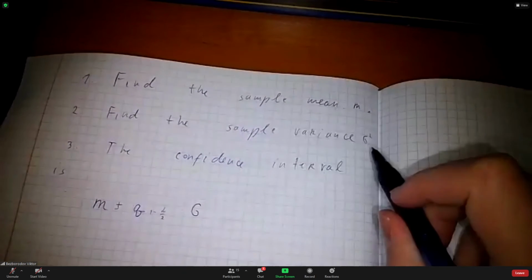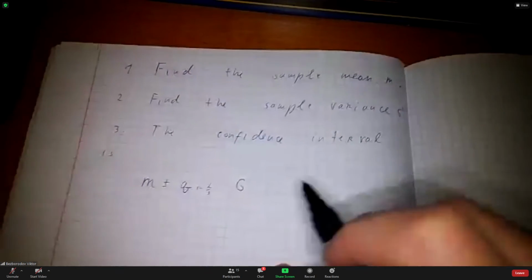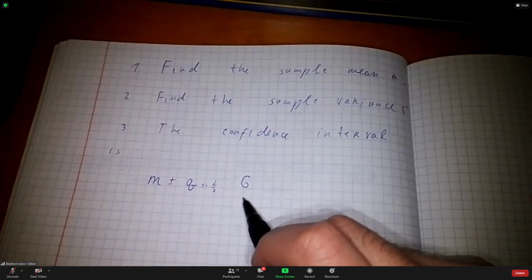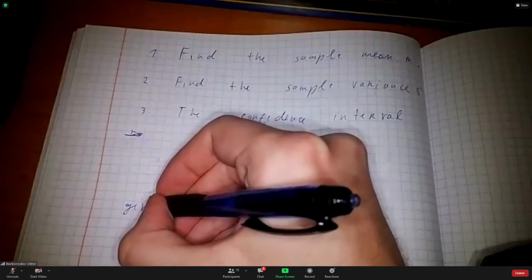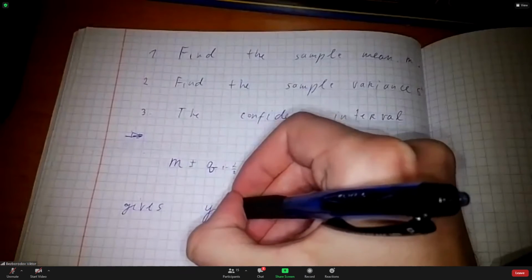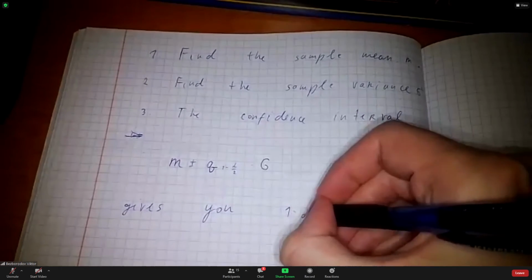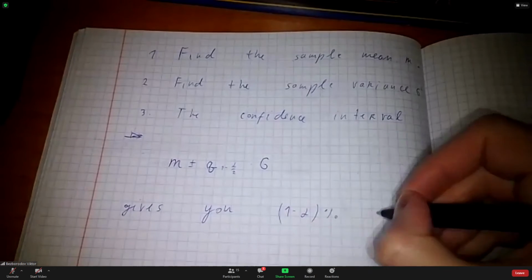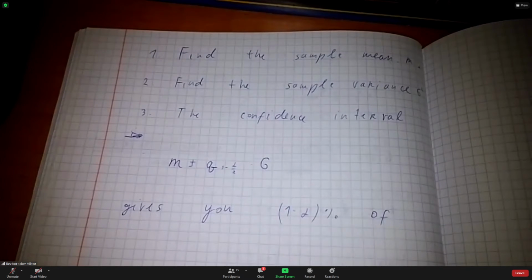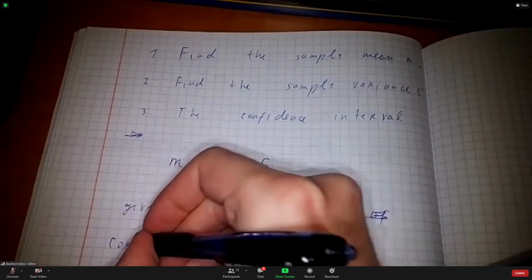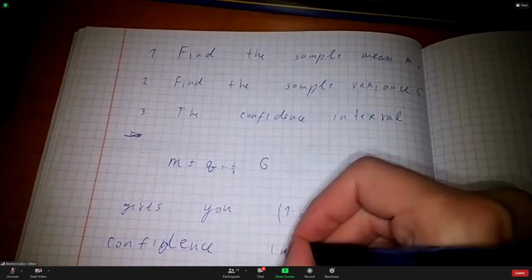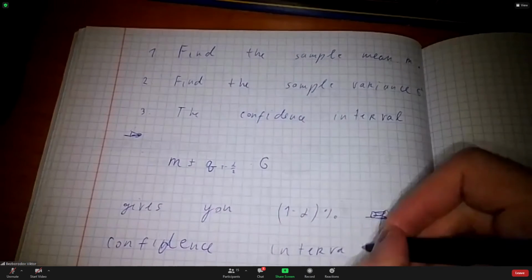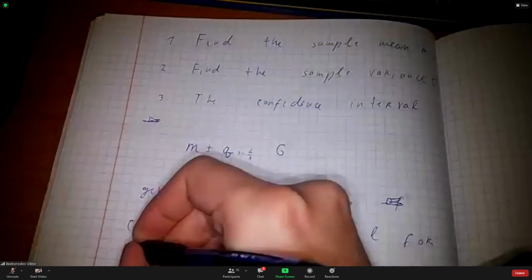Right? And please note that here the variance is sigma square, and sigma is so we take the square root here. Okay, and then let's say the confidence interval gives you 1 minus alpha percent confidence interval for the mean.